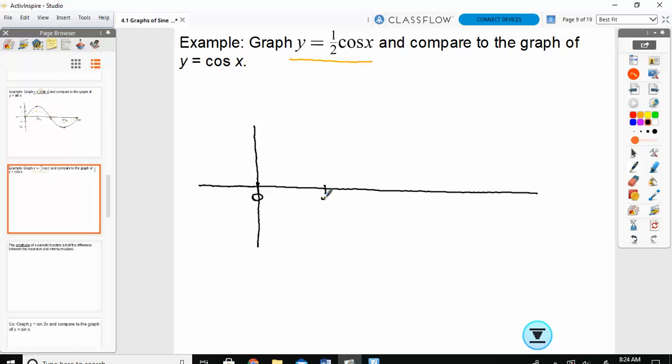So the points on my x are 0, pi over 2, pi, 3 pi over 2, and 2 pi. Let's see if you're right. Can I just talk through my points, or do you want me to write them down? I'll go ahead and write it down one more time.